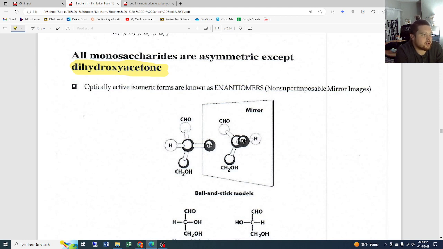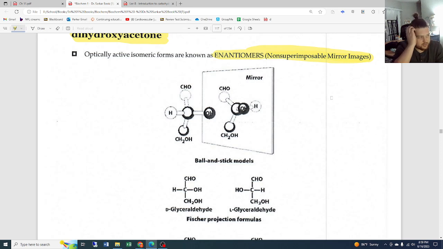Non-superimposable mirror image. Know the definition of this. Definitions come in handy, and they like to ask questions basically straight off the definition.